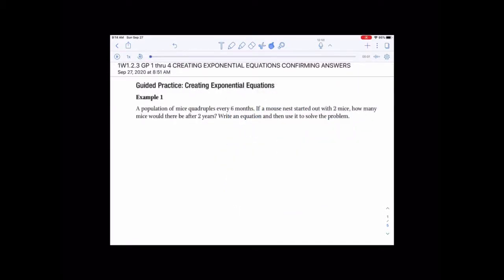Let's confirm that our final population is 512 by creating a table. So let's create a table with time and our population of mice.